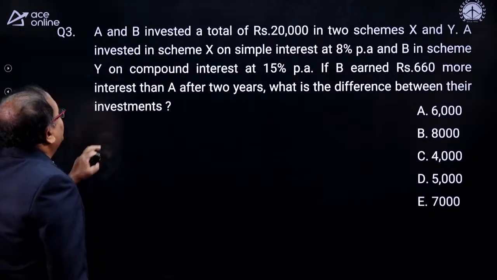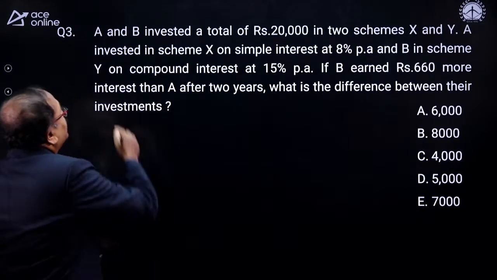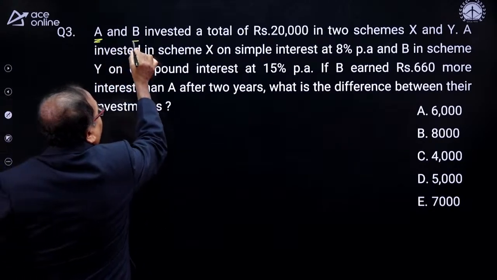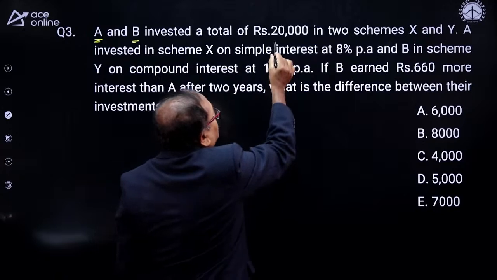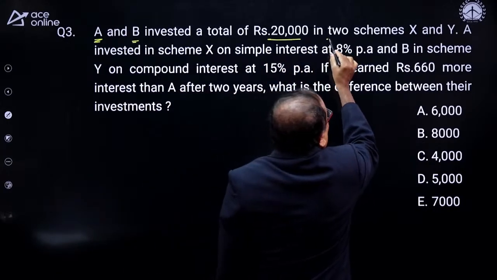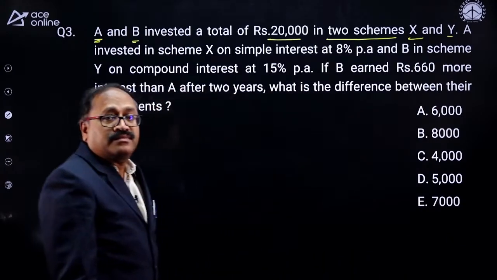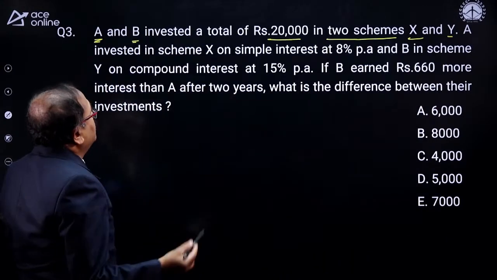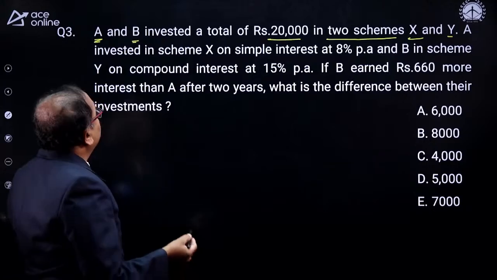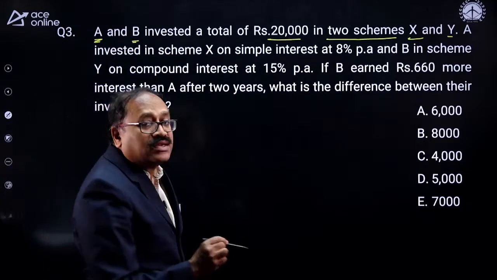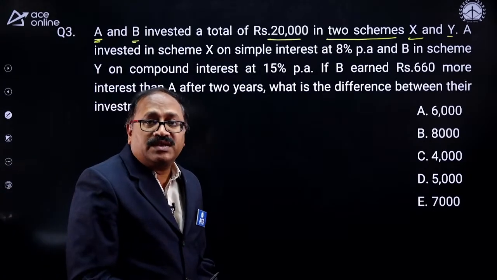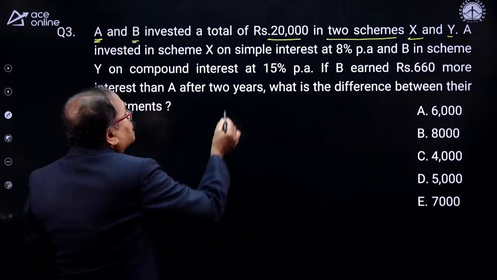Now, what is this question? A and B invested a total of rupees 20,000 in two schemes, X and Y, respectively. That means A invested in scheme X and B invested in scheme Y. So what is the total investment?